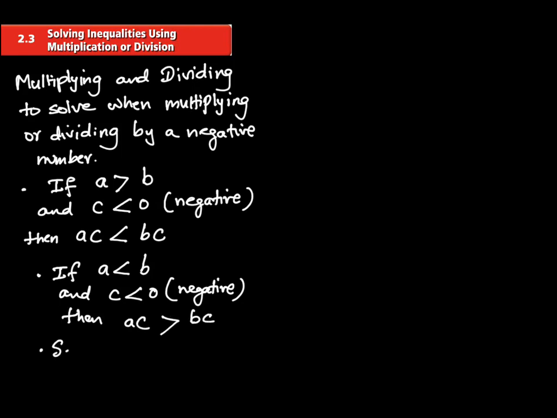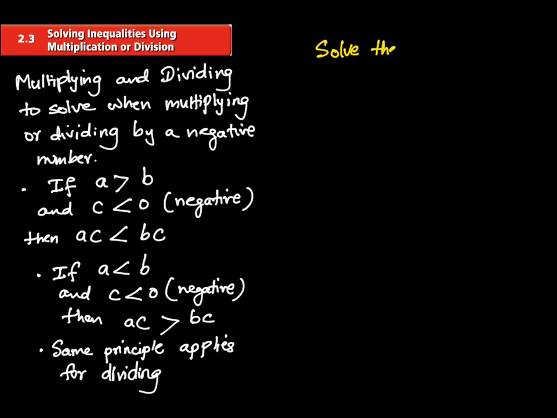Remember that whenever we multiply by a negative number, the inequality is going to switch the sign, right? So multiplying and dividing by a positive number does not switch the sign, and multiplying and dividing by a negative number switches the sign. So let's see some examples here.